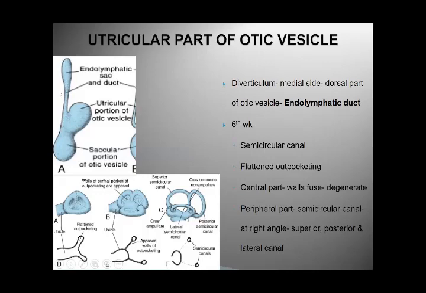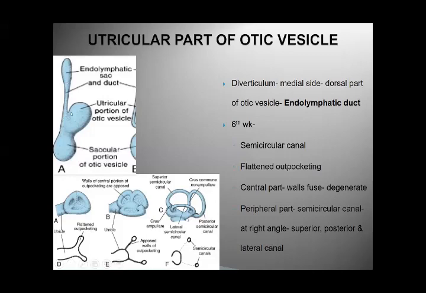An extension कह लें या diverticulum कह लें. This diverticulum to begin with is narrow and towards its end it becomes dilated. This narrowed part is called endolymphatic duct, and this dilated part is called endolymphatic sac.